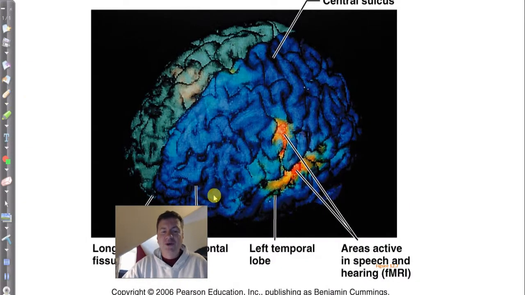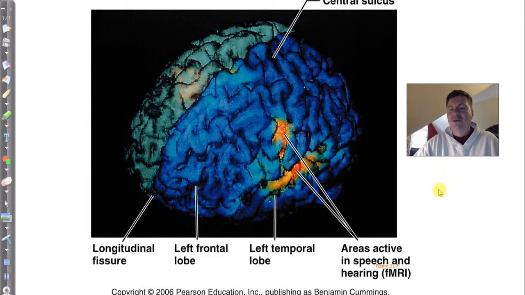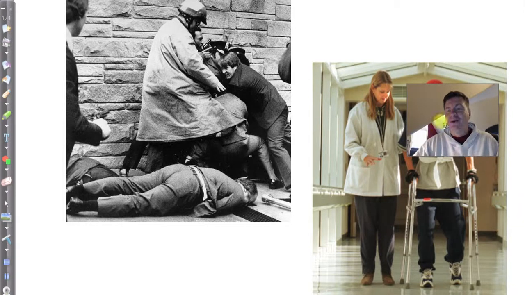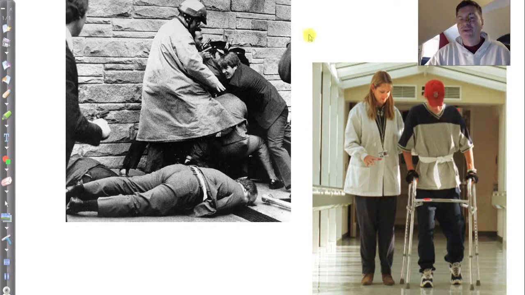How do we know what we know about the brain? Recall that we are looking at a number of ways we can determine stuff about the brain. This is a functional MRI. We discussed when someone was speaking, certain parts of the brain light up, become more metabolically active. And we also know a lot about the brain as we look at people who have suffered brain injuries.